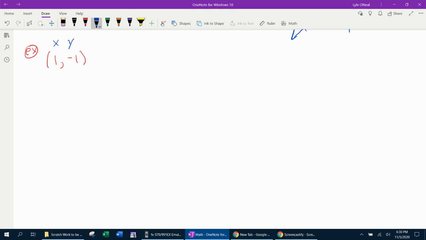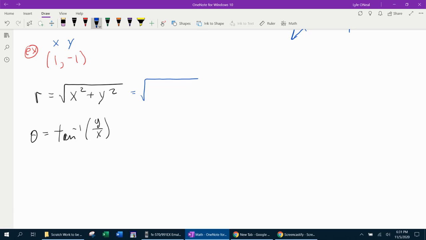We're looking for r and theta. And again, if you made a note of the formulas that I had listed before, remember that r is the square root of x squared plus y squared, and theta is the inverse tangent of y over x.